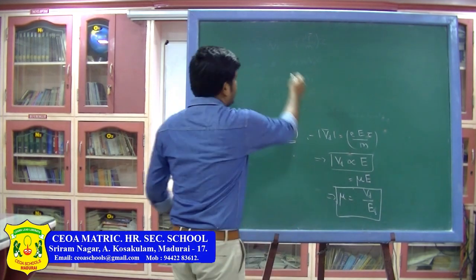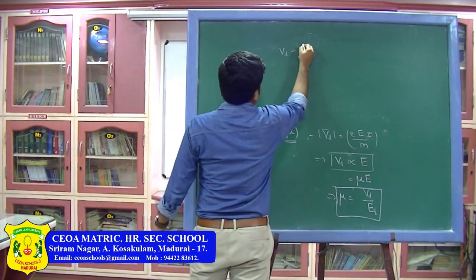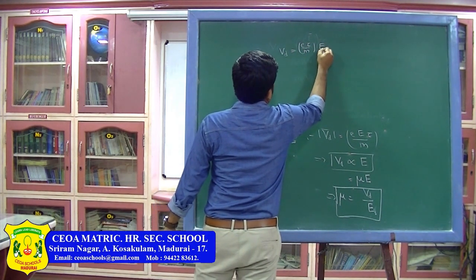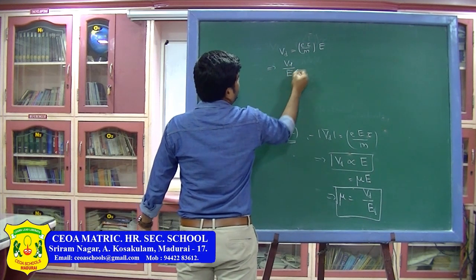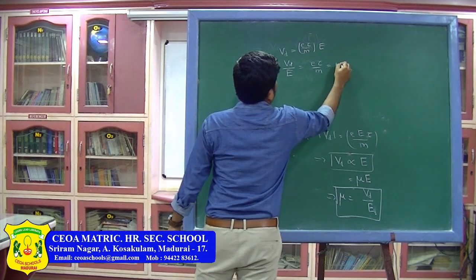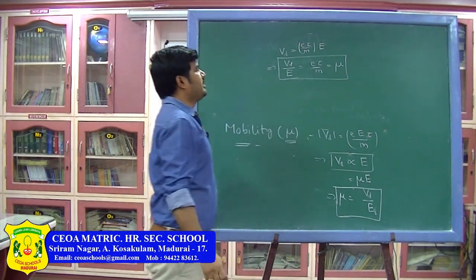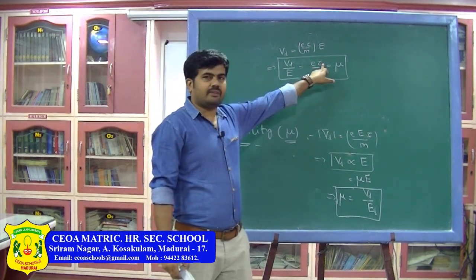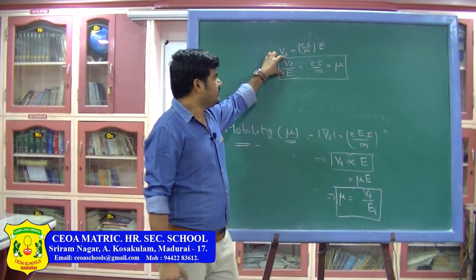Now, taking the drift velocity expression, we have e tau divided by m into E, which implies Vd divided by E is equal to e tau divided by m, that is equal to mu. So, this is the expression for mobility of charge carriers in terms of charge of electron e, tau the relaxation time, and m the mass of the particle.